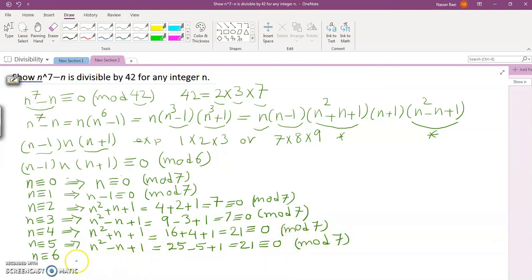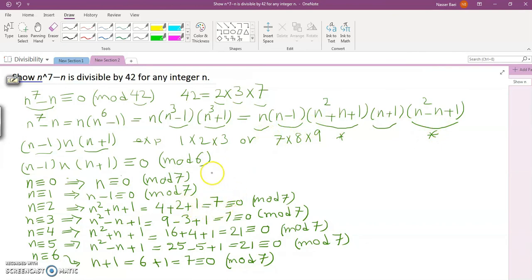And finally 6, and for 6 this part will be our solution. So n plus 1 will be 6 plus 1 equal to 7, and 7 is 0 in mod 7. So we show for any integer n, a part of our equation will be congruent to 0 in mod 7.